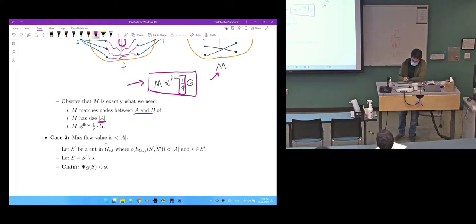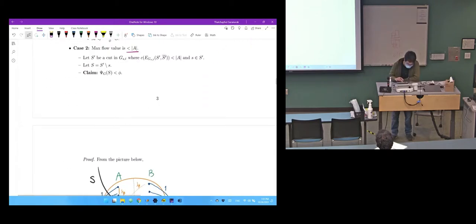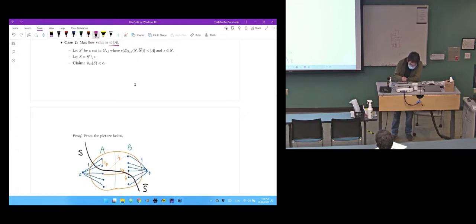Now what if the max flow value is less than A? If the max flow is less than A, then it means that there must be a min cut of the same value, of size strictly less than A. Let's call that min cut S prime. This is the min cut in this graph, right?